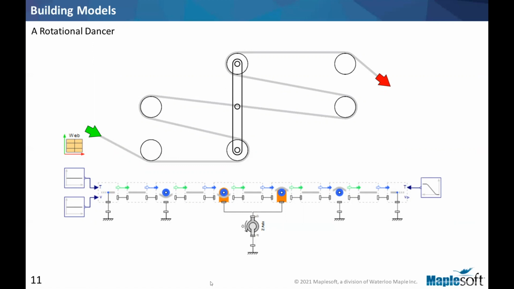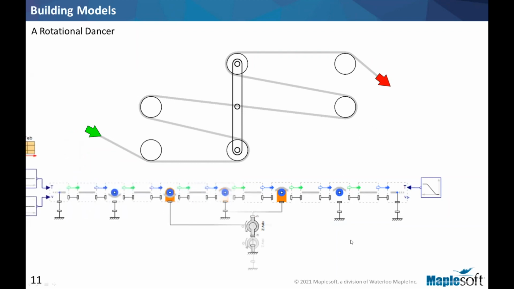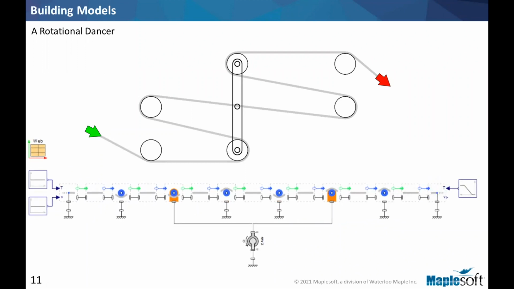We would basically need them added in between these 2 components, because from the web standpoint, they are between these 2, although they are left and right, and from the block diagram approach, that's what the models would look like.